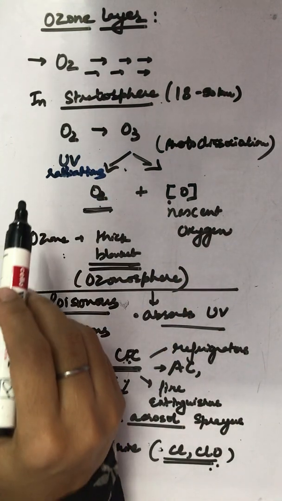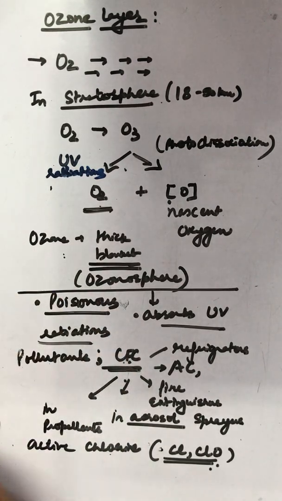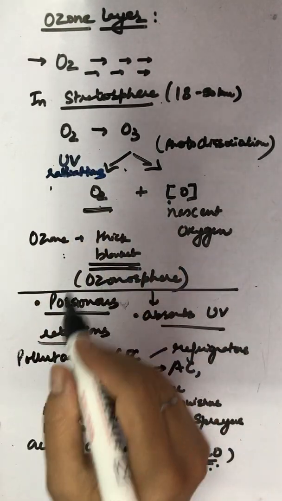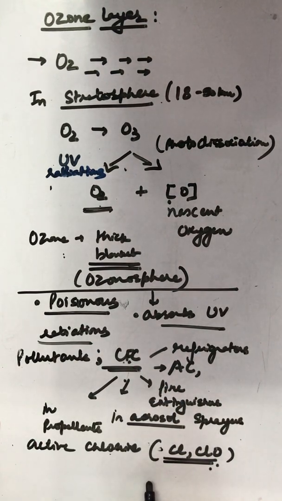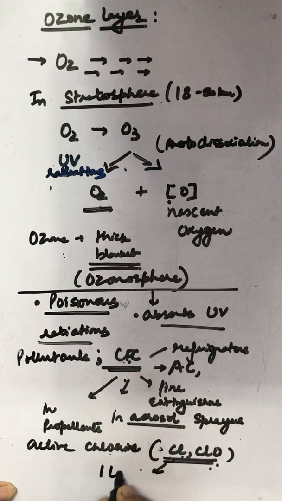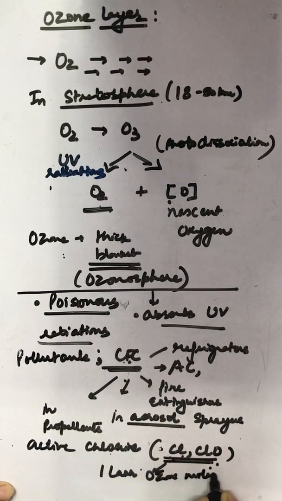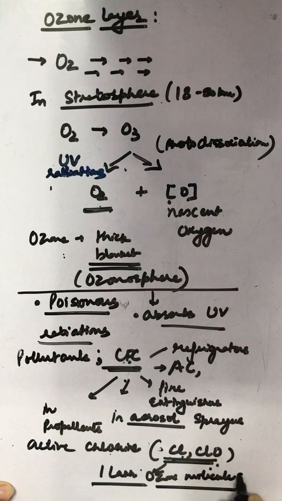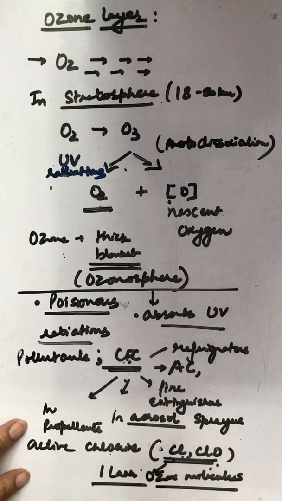Therefore, when only molecular oxygen is left, formation of the O3 molecule becomes difficult, and the ozone layer in the upper atmosphere is becoming thinner. A single chlorine atom can destroy 1 lakh ozone molecules alone, therefore depleting the ozone layer. And these are known as ozone depleting substances.